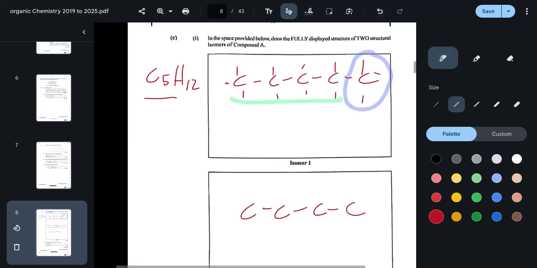Put an asterisk at the ends, right? Good. You see this carbon that you take off, do not put it on the carbons with the asterisk. So I can put it on this one if I want to. And then ensure that every carbon has 4 lines around it. Additionally, remember, whatever you draw, it must have the same molecular formula. So this must have C5H12.